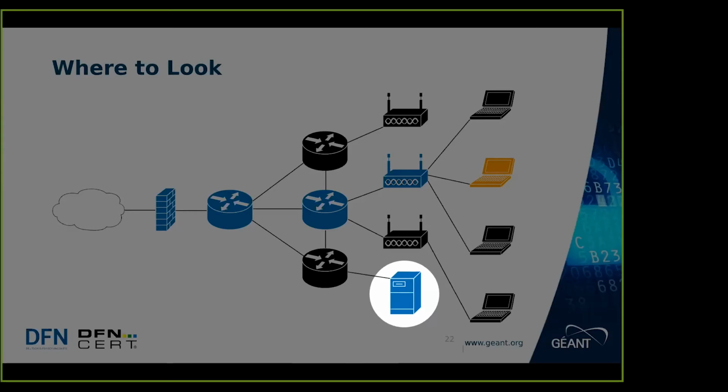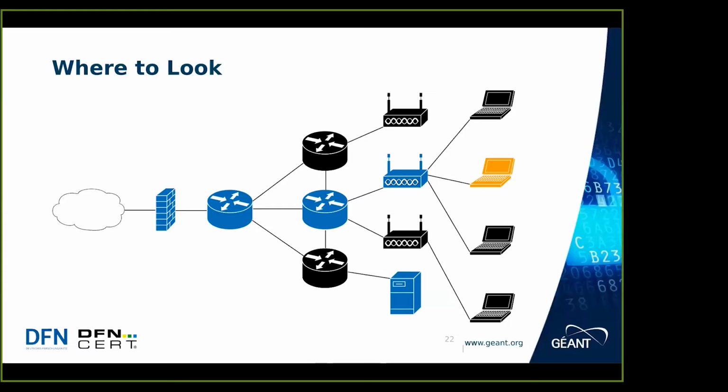If you have a look at the network traffic that arrives at this guy, then you might be able to see interesting stuff, even about the machine you're interested in, by correlating queries and stuff. So that's why this one is blue as well. So depending, obviously, on where exactly you're looking, there's different things that you really can look at and cannot look at, and where it makes sense to look for different things.